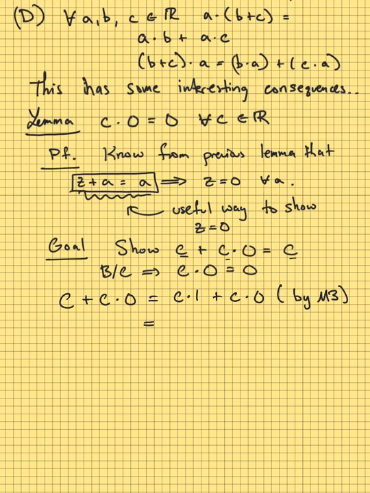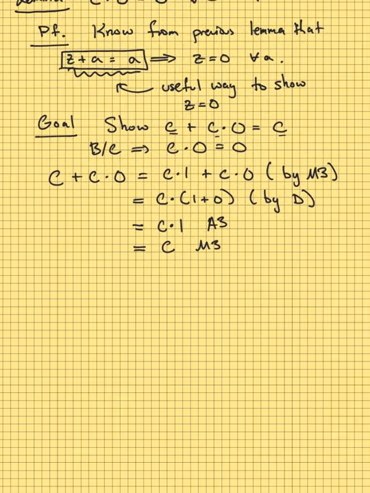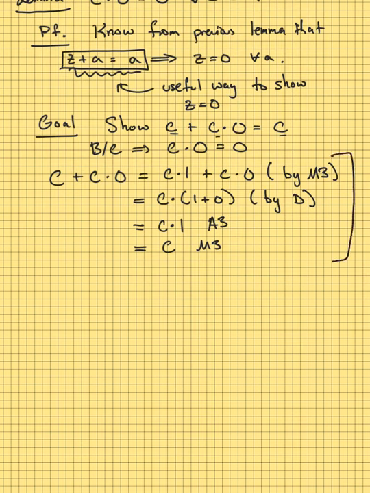And then by distributivity, this is equal to c times 1 plus 0 by D. And this is equal to c times 1 by, I guess, A3. So the addition axioms, I'm just going to call A1 through 4 now. And finally, this is equal to c. Okay, by M3.